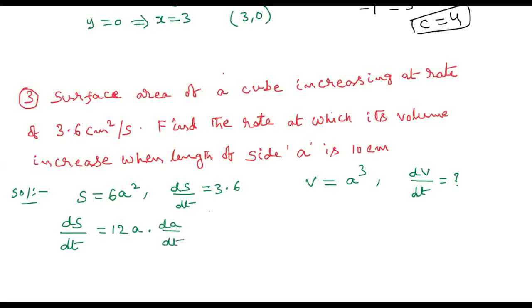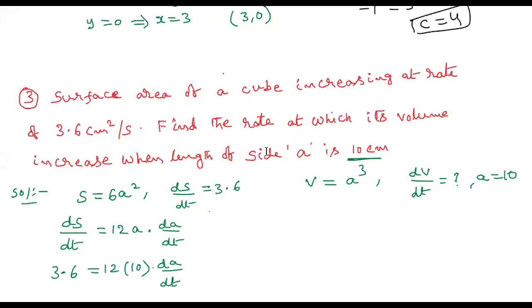The ds by dt value is already given: 3.6, that is equal to, and here side a is 10 centimeters, use that, 12 into 10 into da by dt.